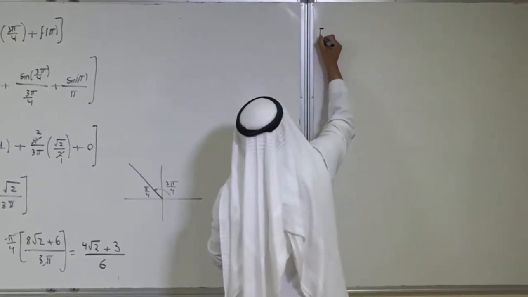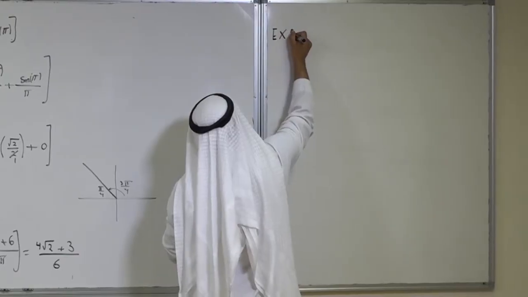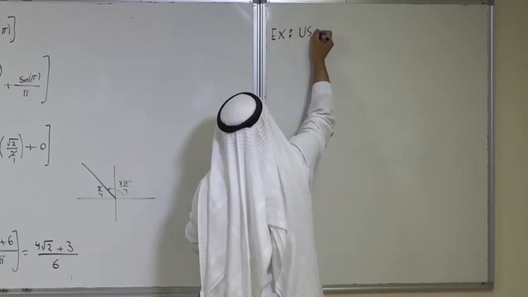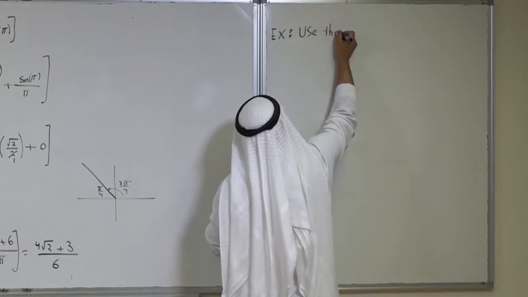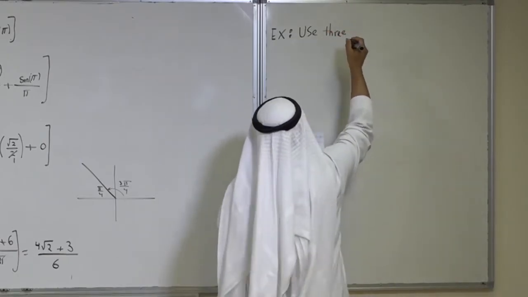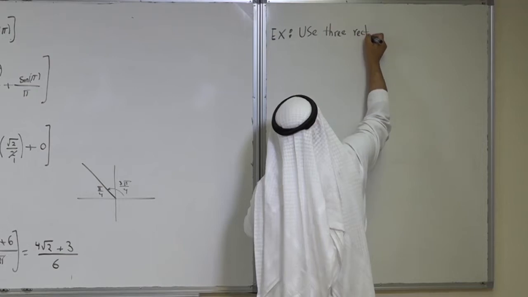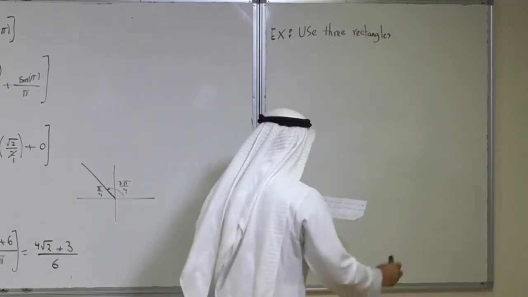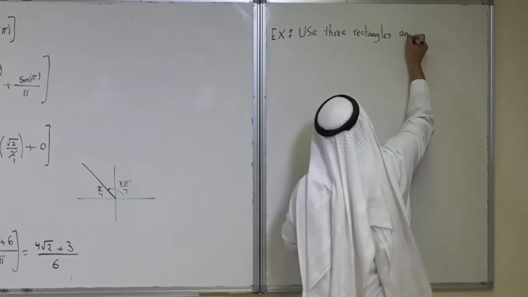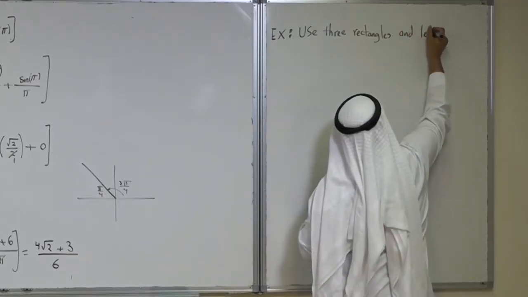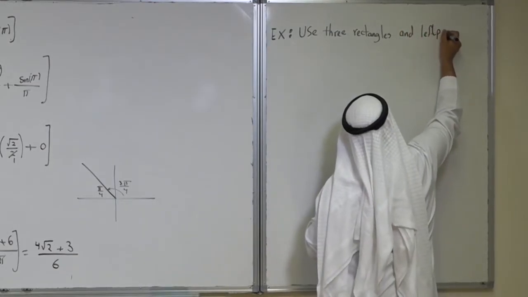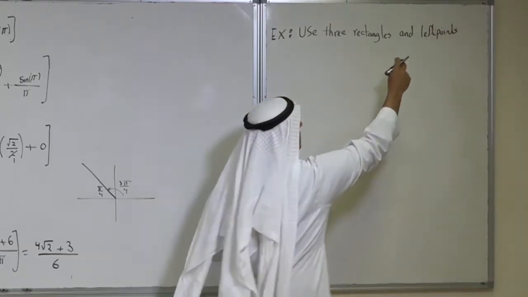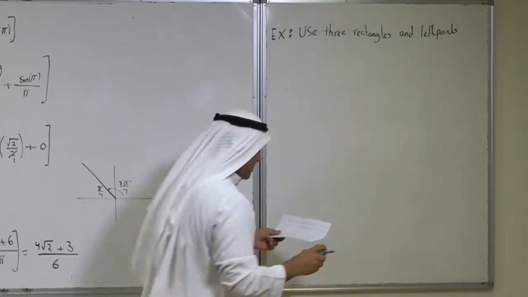Example. The example says, use 3 rectangles. So I'm using 3 rectangles, and I'm taking the left point. So the sample points here for this exercise will be the left points.